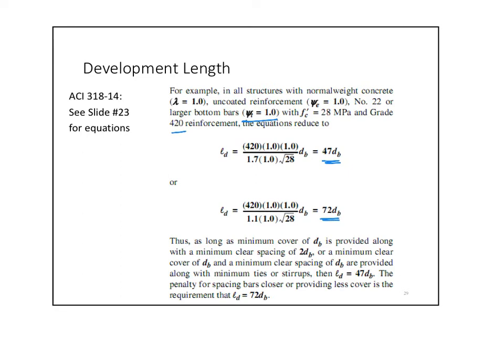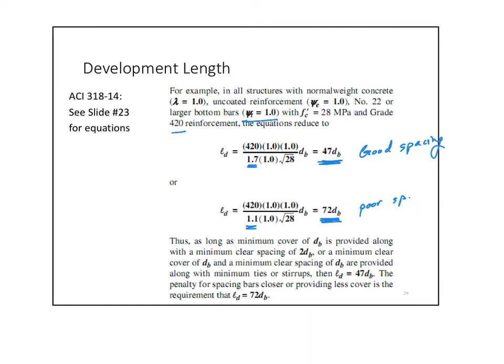What's the difference? 1.7 and 1.1. So the difference is the good spacing, this is good spacing, and the poor spacing. Right? Now, see the difference? This is around 50 dB, this is around 70 dB.